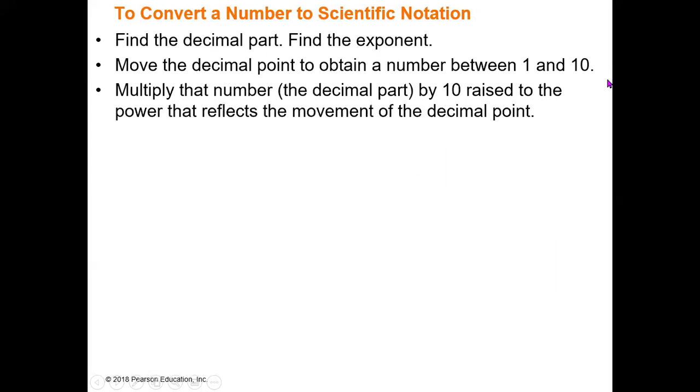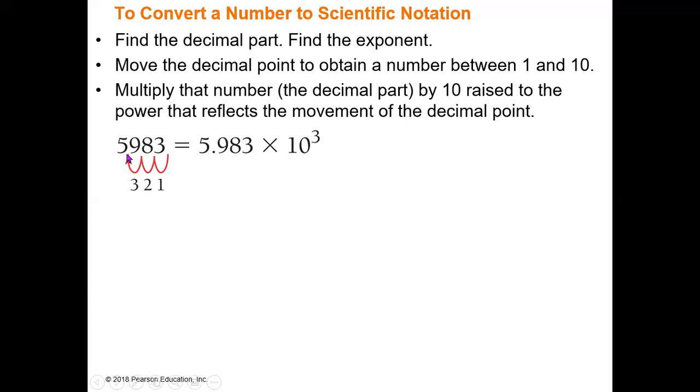To convert a number to scientific notation, find the decimal part and find the exponent. Move the decimal point to obtain a number between 1 and 10. Multiply the decimal part by 10 raised to the power that reflects the movement of the decimal point. In this example, we locate the decimal point, initially behind this 3.